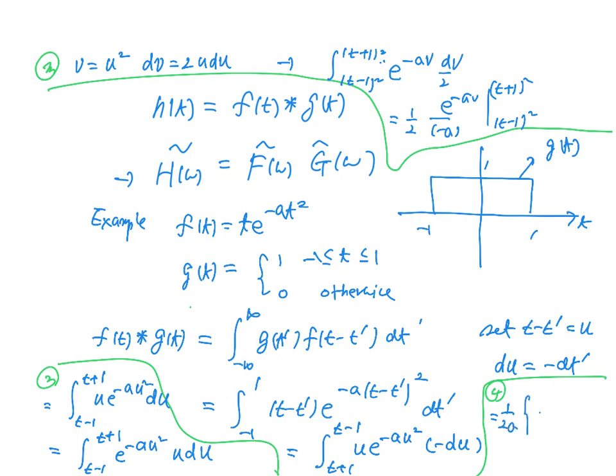We have 1/(2a) times e^{-a(t - 1)^2} minus e^{-a(t + 1)^2}, right? That's your h(t). So that is your h(t), the convolution integral.